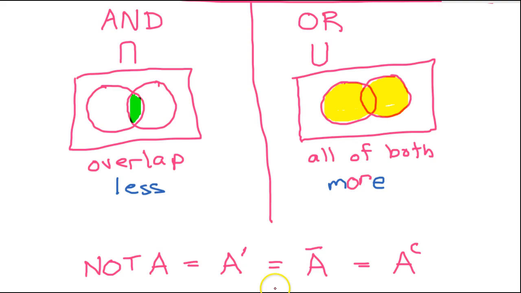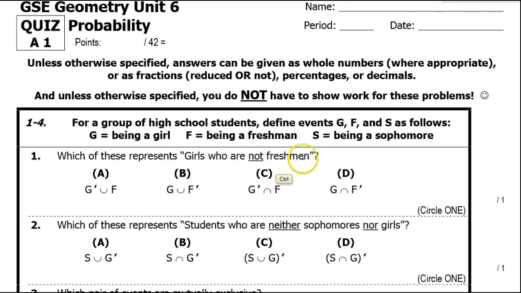So we just spoke about that. Not A is like A prime. So as soon as you see not freshman, that's going to narrow it down to the ones that have not F in it. So the answer cannot be A, because it doesn't say not freshman, and the answer cannot be C. So it's either going to be B or D.